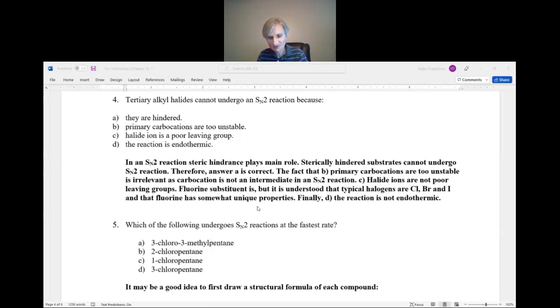So it has to be a backside attack. This one is the correct one.